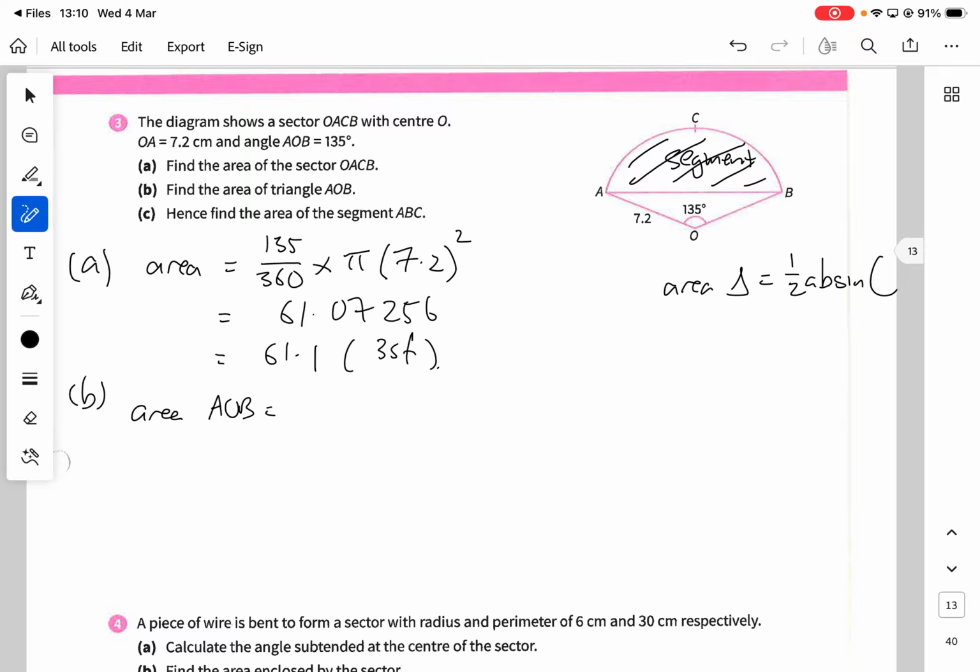The area of segment equals the area of sector, which is the entire pizza, minus away the triangle. So we will take 61.07256 minus 18.3282.